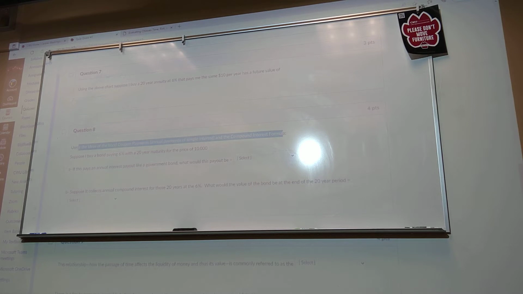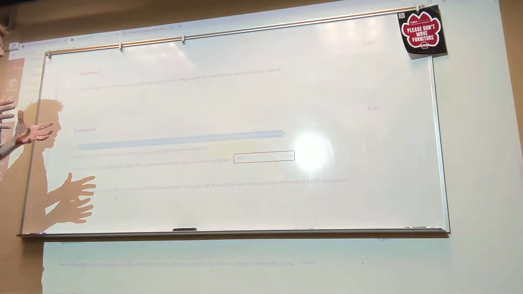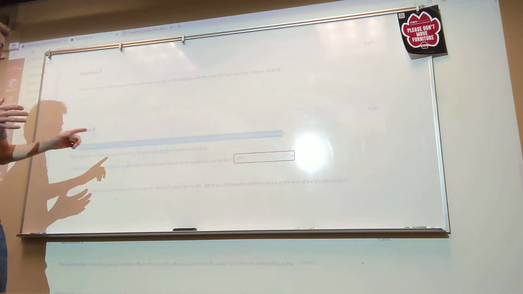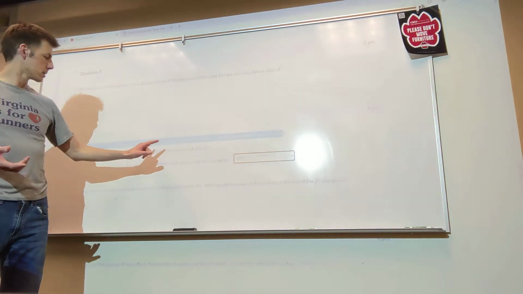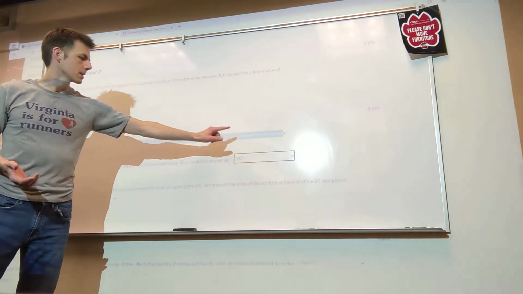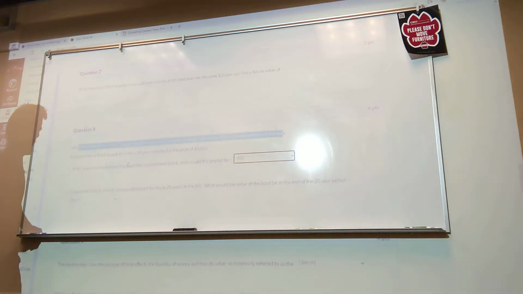So they're paying you $600 every year. 6%, right? Just 6%. A coupon payment for a bond is simple interest, where they give you a payment of 6% of the price of the bond every year. 6% of 10,000 is $600, right? That's a simple one right there, simple interest.